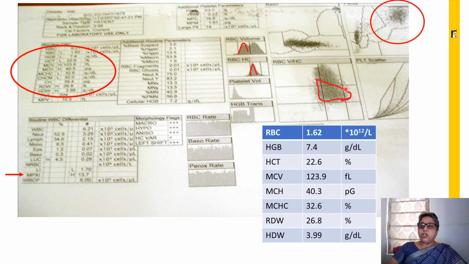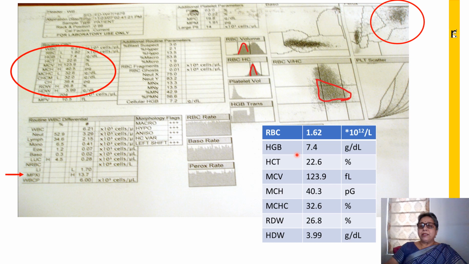So, a large macrocytic population, which is predominantly spread in the center portion of the grid, a positional shift of the neutrophils, no real blasts seen, a macrocytosis on the histogram, a raised MPXI.